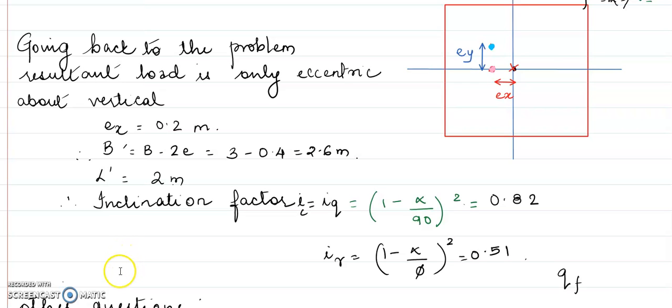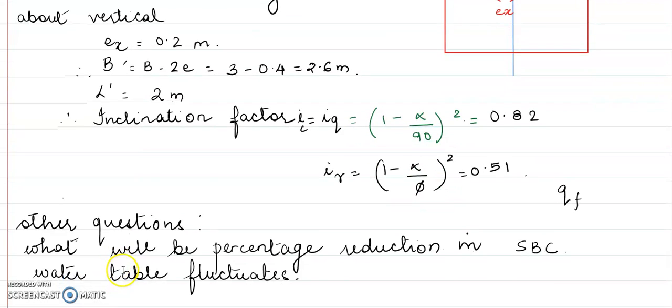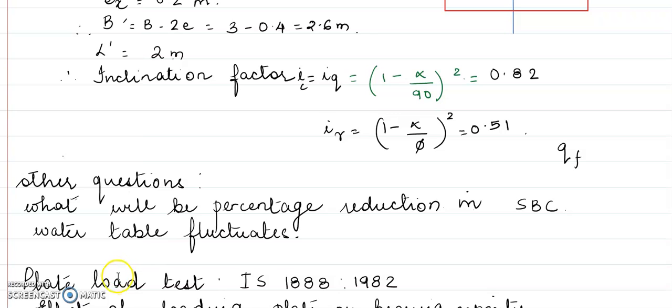Now what are the other ways you can be questioned during your examination? You may be asked to find out how the bearing capacity will change when there are fluctuations in the water table. So the water table is given in our previous problem. Let's say the water table was given at foundation level, that is at 1 meter. What if the water table rises? Then how will it change?